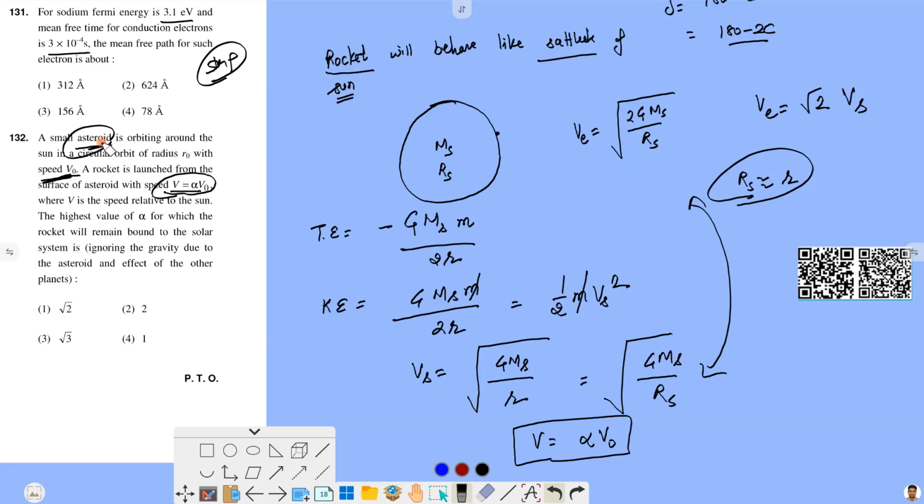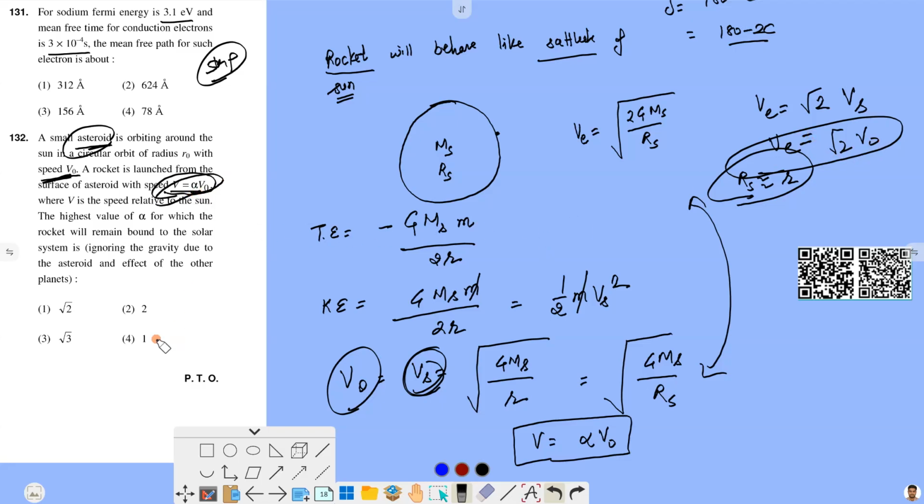And as that asteroid is also behaving like a satellite, this term, vs, the velocity of the satellite, will behave like v naught. So vs will be replaced by v naught, and here we have the expression that ve will be equal to root 2 times v naught, and if we compare them, then alpha will be equal to root 2.